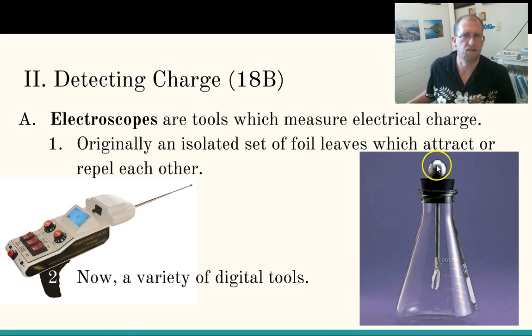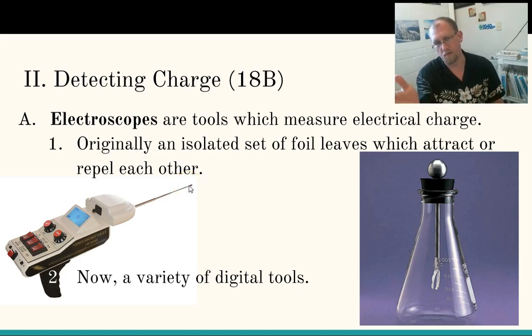And you can still use things like this. You can still buy electroscopes that look like this, or you can make them in the lab. But it's kind of old tech. We now have spiffy things that look like ray guns that are able to detect electric fields, and if you bring them close to charged objects, they'll say, yes, that has a charge.